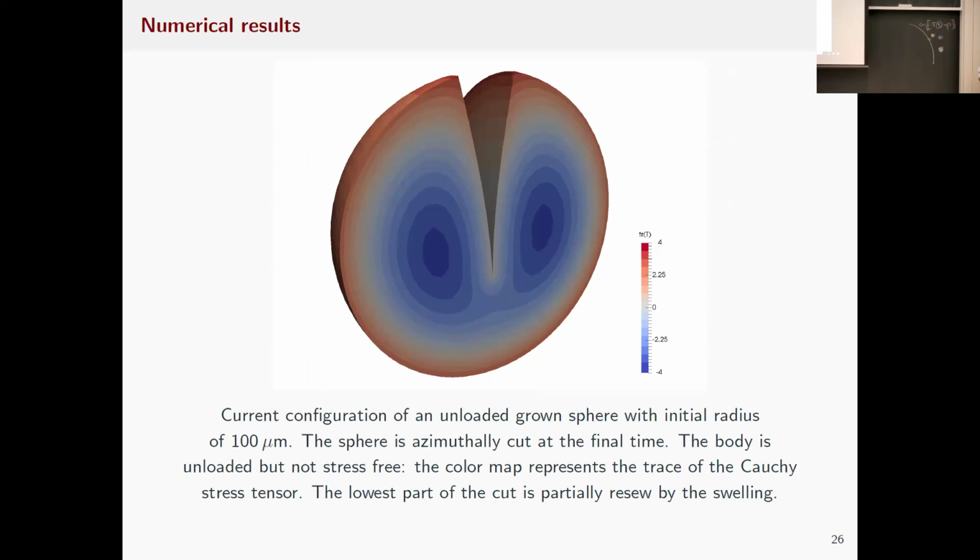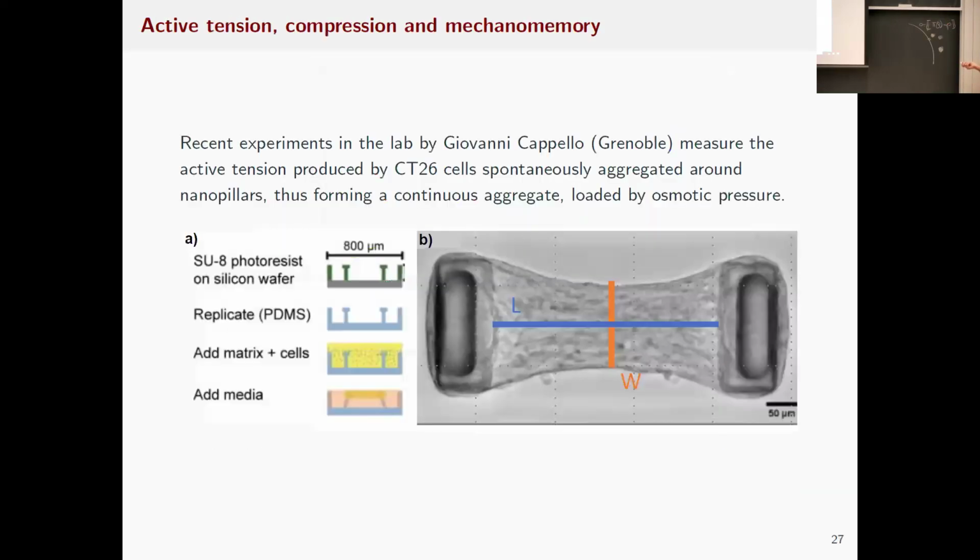Now I would like to use these last few minutes to tell you something new. What we are doing in collaboration with the group of Giovanni Cappello in Grenoble is to understand a little bit better how the active stress produced by the cell works.